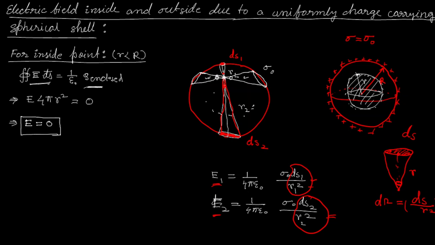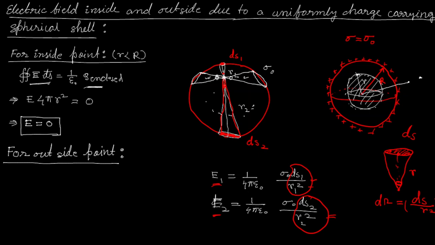Now if we want to calculate electric field outside the sphere, for that we have to consider a point that lies outside the spherical shell. At this point, let's say, we want to calculate electric field.